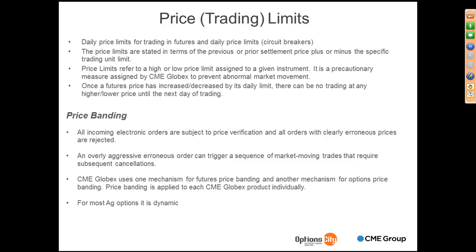For options it's dynamic. If you send something which is, say, way out of the money, but it is much more expensive than a deep in the money option, then obviously something is wrong there. So you are automatically cancelled. And this is a feature that is there as a protection for CME Globex so that this doesn't cause abnormal market movements at any time.